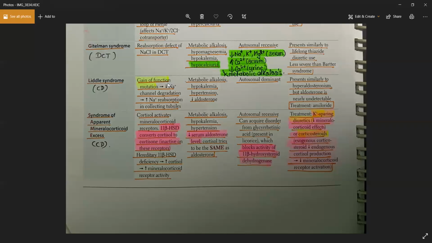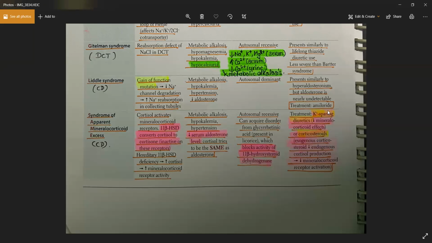So the effect is almost similar to that of hyperaldosteronism. You will get metabolic alkalosis, hypokalemia, and hypertension, but you will have a low aldosterone level, and the renin angiotensin aldosterone system will be inhibited in Liddle syndrome. And please note, it is the activation of these sodium channels. So treatment includes inhibiting the sodium channels by giving the patient amiloride or triamterene.